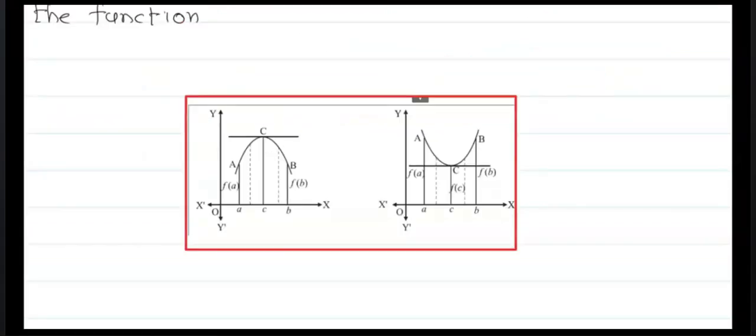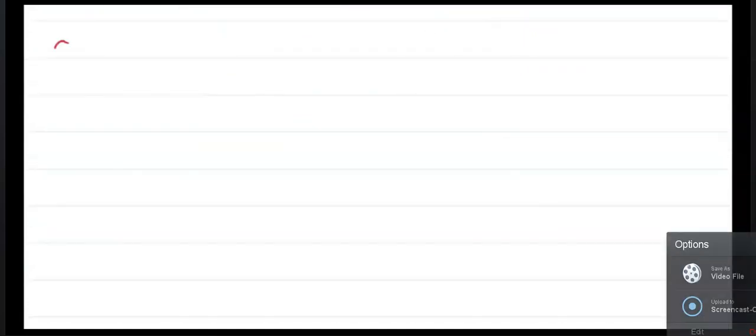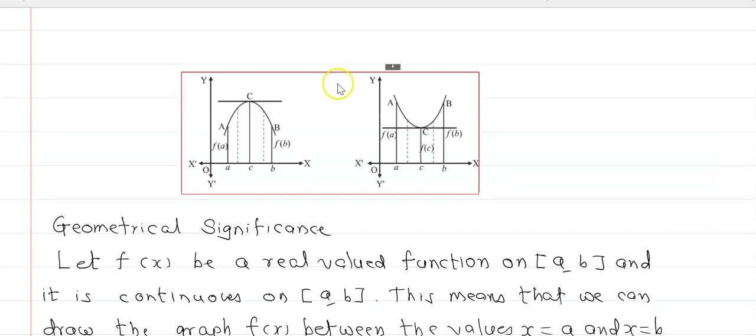Now see this here. In the figure these are the two curves, and this is the value of the function at a, that is f of a, and at b, and there is a point c. It is a tangent to the given curve and its slope is 0.